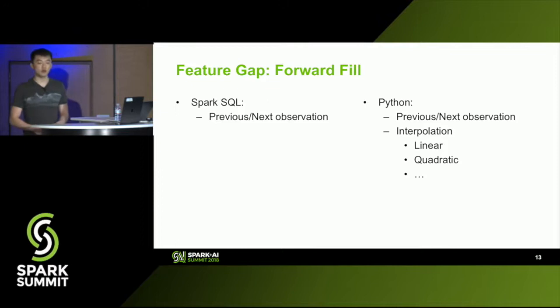And this is not only a documentation or discoverability issue. There's actually a feature gap between Spark SQL and Python in a lot of senses. Using the same example, forward filling with the previous observation is a very basic thing people can do, but sometimes people want to do things that are a little more complicated.